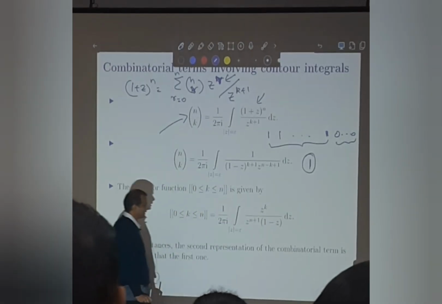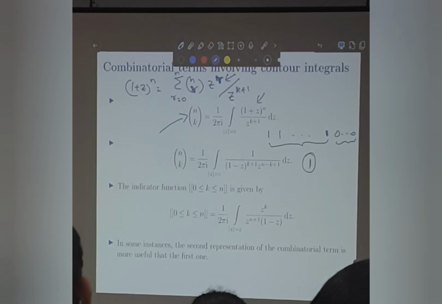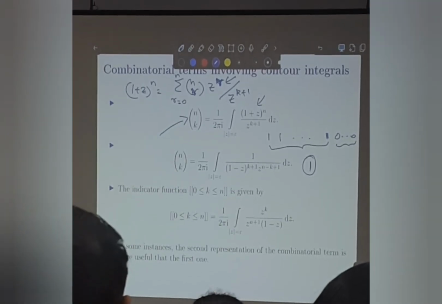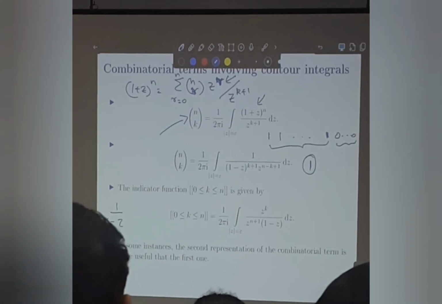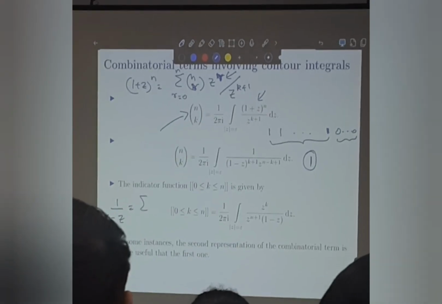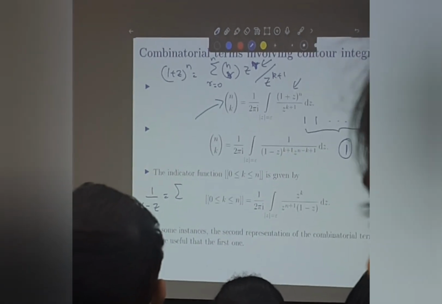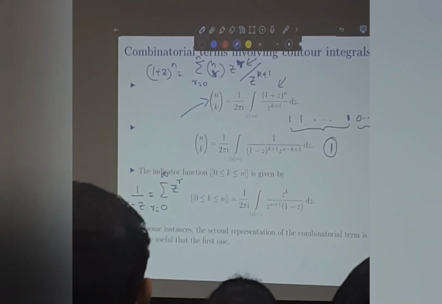Why is this true? This is quite easy to see, because see, mod z is equal to epsilon, right? So if I choose epsilon to be small enough, 1 over 1 minus z has a convergent power series expansion. Then what is the expansion for 1 over 1 minus z? Don't be shy. Sum from zero to infinity, z to the r.